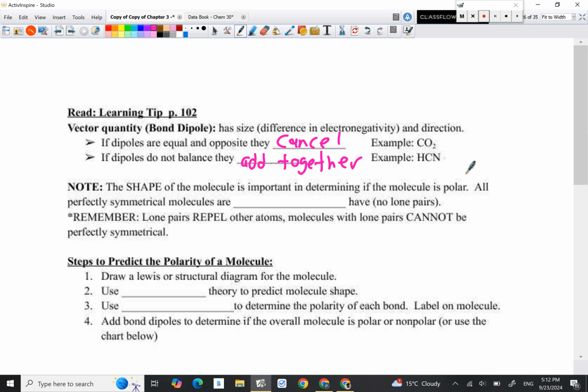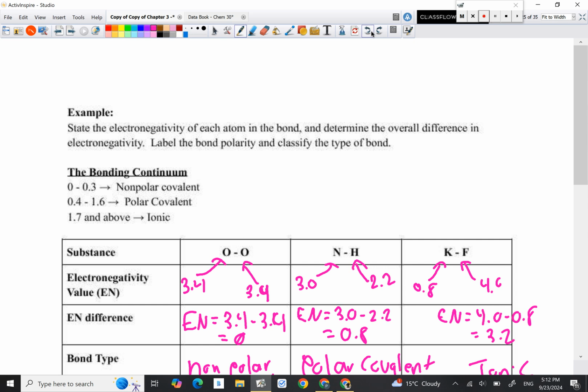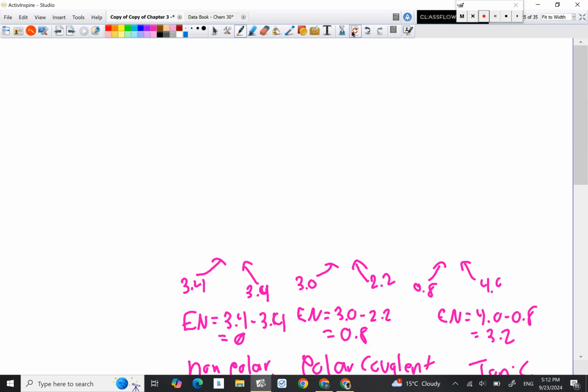Now, we're just going to look at two examples right here. I specifically want to choose not the exact same molecule, but ones that are very similar. So I'm just going to get a completely clean sheet here. This will show you, all right, our carbon dioxide and our HCN.